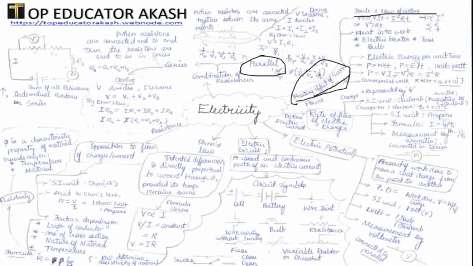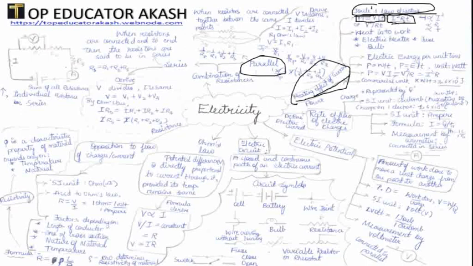Based on this, many appliances work. Before moving to the appliances, let us know what Joule's law of heating is. Joule's law of heating is given by H is equal to I square RT. This is the formula for Joule's law of heating.